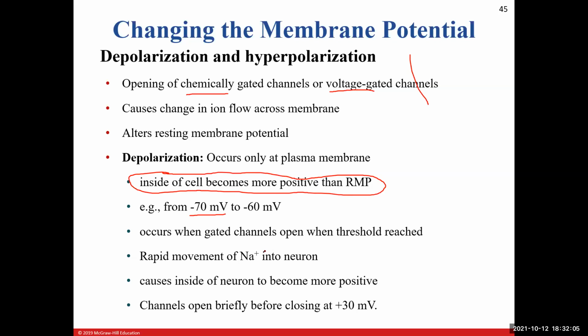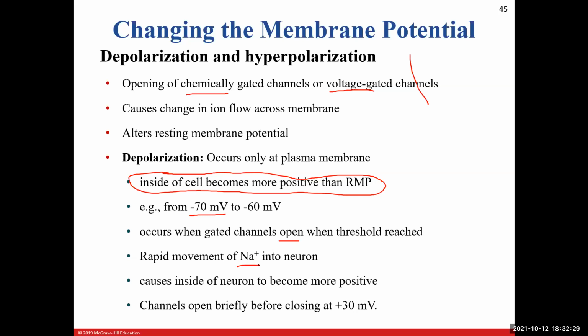So what we did is we opened up some channels. And because of that, we would see the inside of the cell becoming more positive. Well, how do we do that? Let's bring in some stuff that's positive that's outside the cell. Well, I like sodium. There's a lot of it outside. So let's open up a sodium channel. Sodium rushes in.